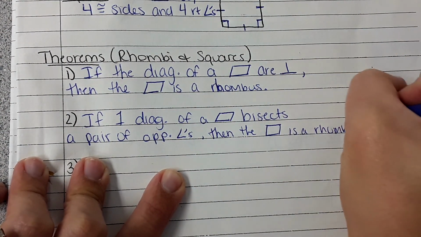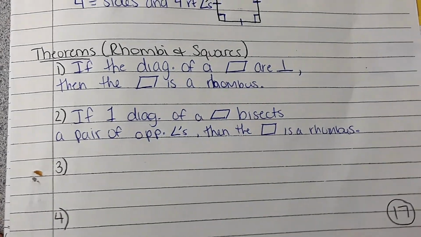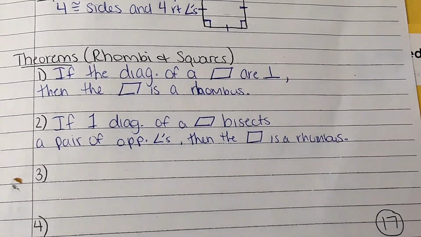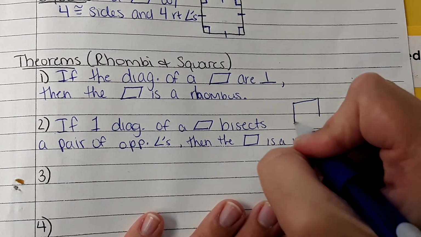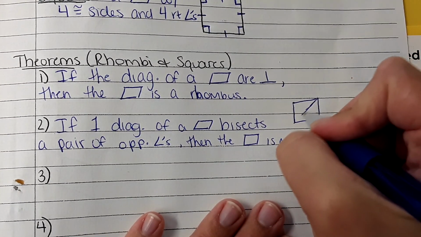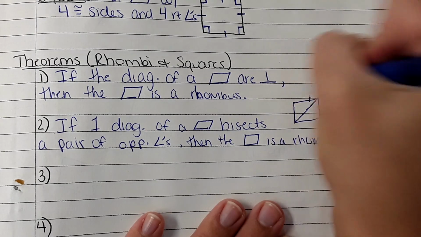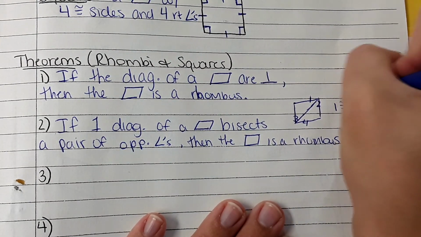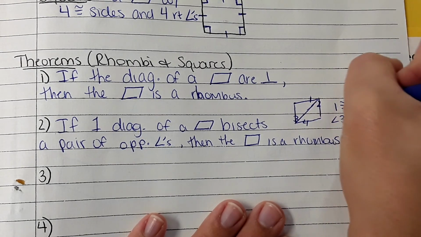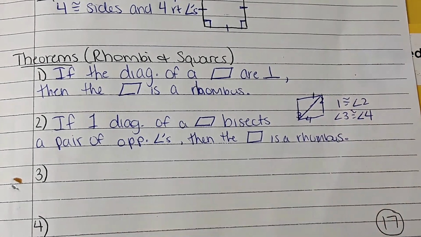And I'll draw a picture of this too. So here's your parallelogram, and it's saying that if you have a diagonal and it does bisect those angles, so if angle 1 is congruent to angle 2 and angle 3 is congruent to angle 4, then you have a rhombus.